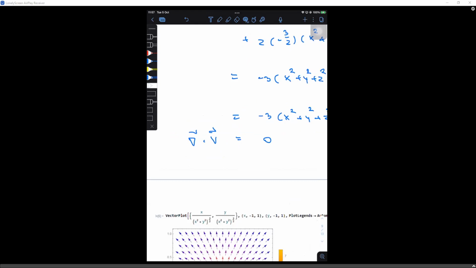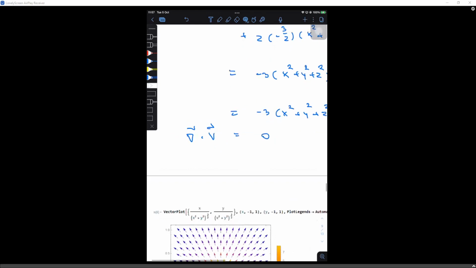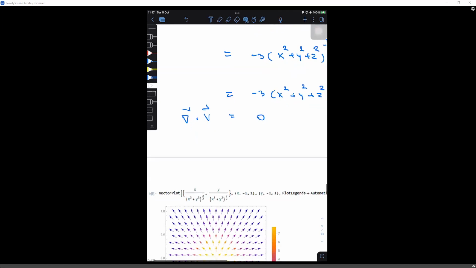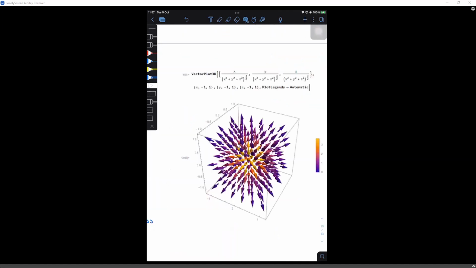If you look at the vector field that you have, this is your divergence. No, the vector. Okay, they told us to plot the vector. I think the divergence is equal to 0 everywhere, except at the origin.